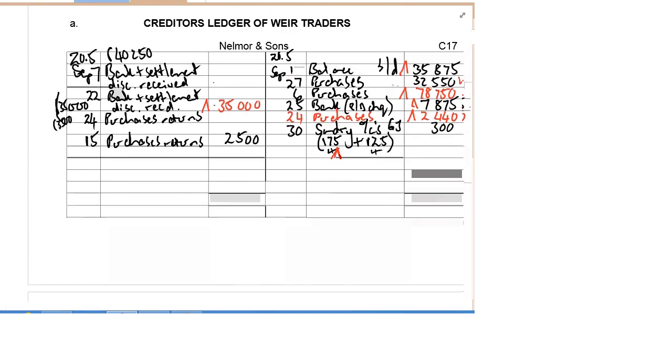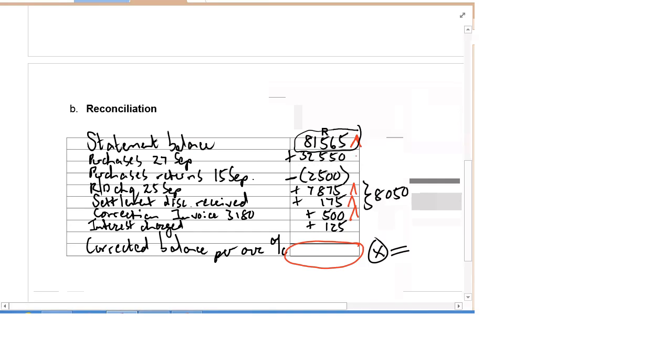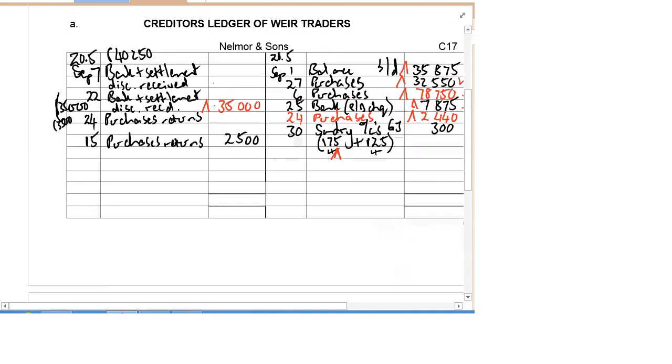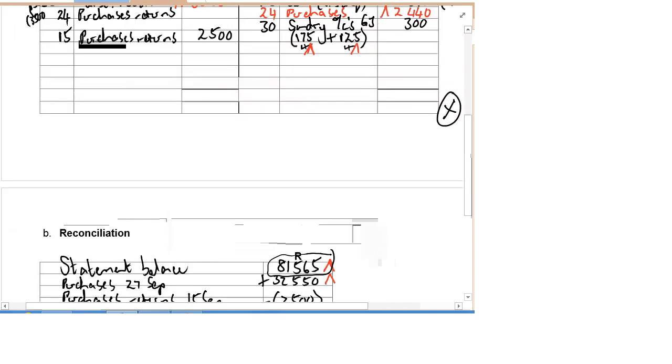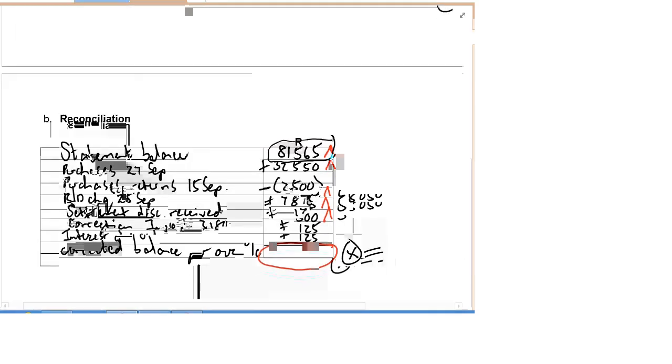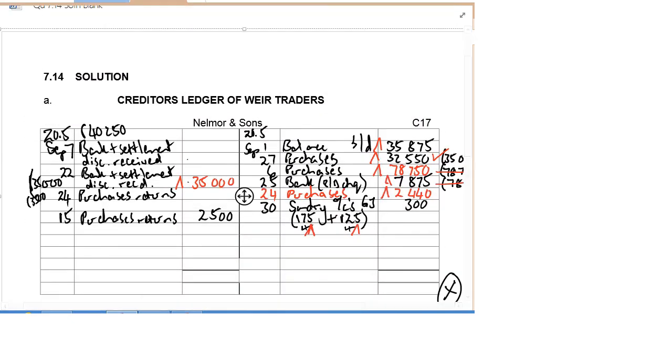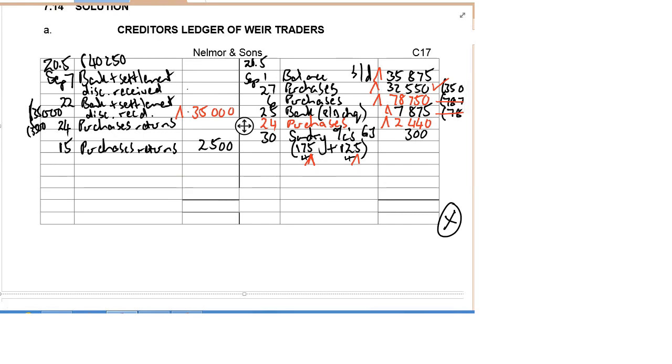The purchases over here of 32,550, they've also been recorded as a reconciling item because these amounts were in our account and they weren't on the statement. Then the last amount, which is on the credit side, is the interest. That interest is also a reconciling amount because it's not on the statement of the supplier. So I'm making sure that I'm accounting for everything. So I've now accounted for everything on the credit side.